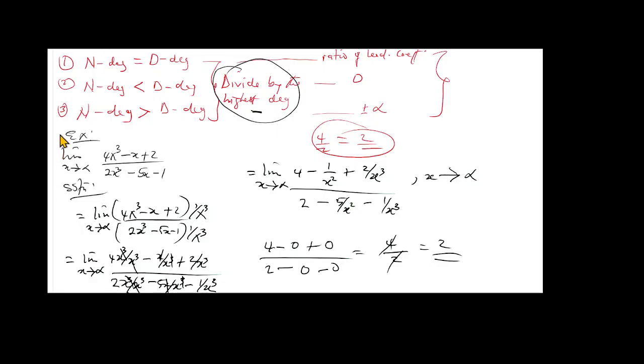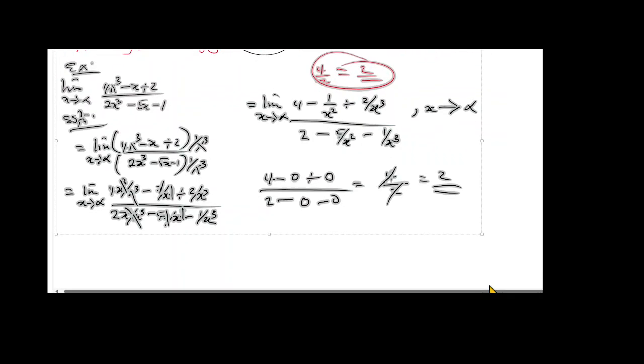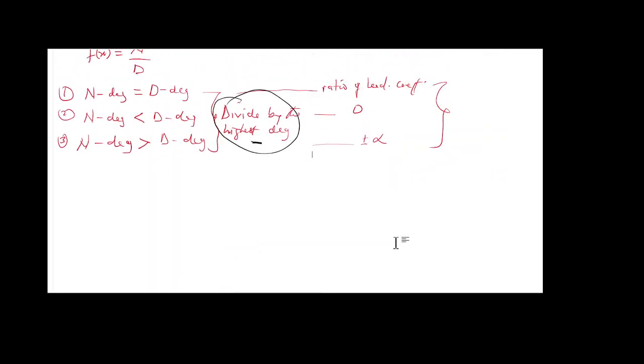Let's take another example where the degree of the numerator is less, and the possible output is that we will always get a 0 result. Let's see if that is correct.